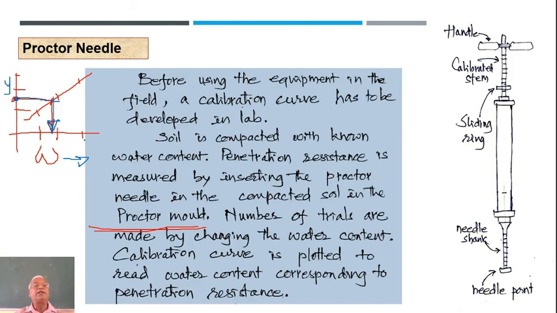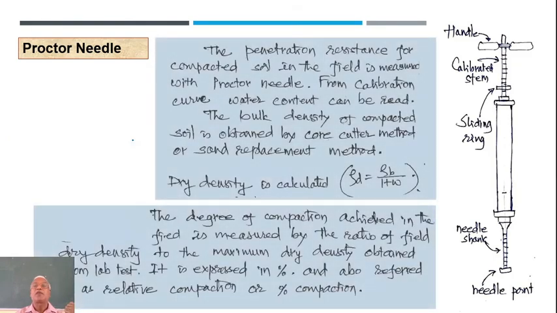Also the densities can be calibrated. So if the water content is this and penetration is so much, what is the density achieved? Even that graph can be drawn, so you'll be getting the data. I'll show you further things.